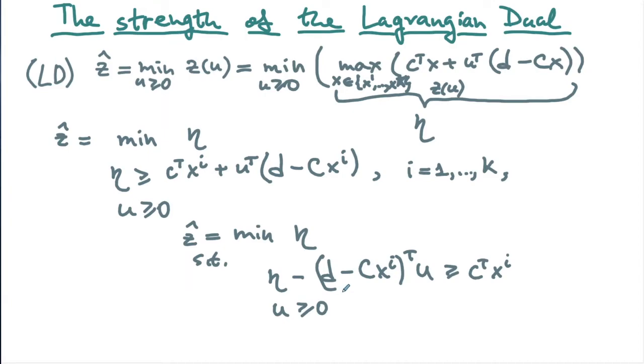All right. So let's introduce the dual variables, denote by mu i, the dual variable corresponding to the ith constraint here, and i will go between 1 and k. Then we can write down the dual immediately.